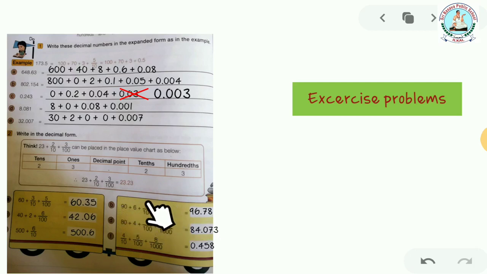So this is the decimal part. So 7 divided by 10 shows that 7 is present in tens place, so we write it as is, and 8 divided by 100 shows that 8 is present in hundreds place, so we write like this. Next, it is whole part, so just add it, it is 42.